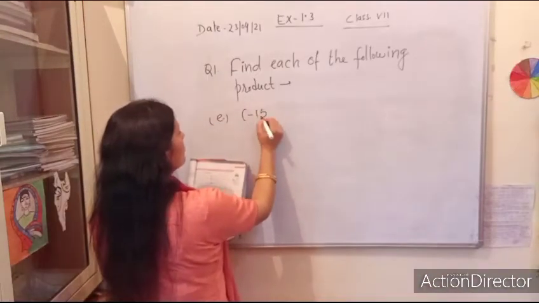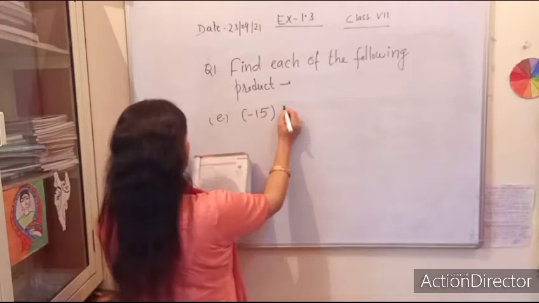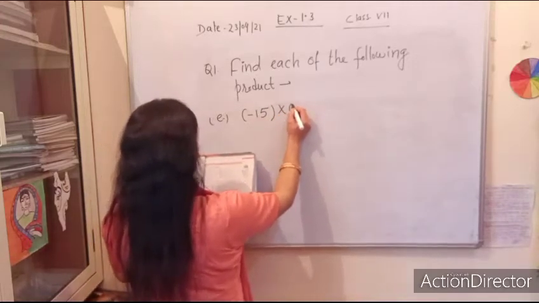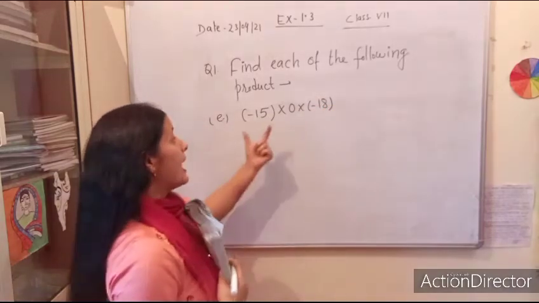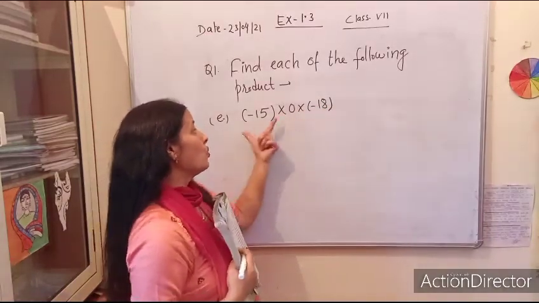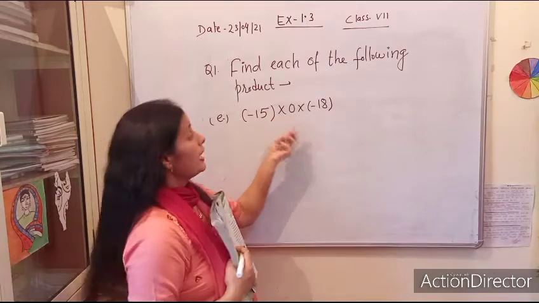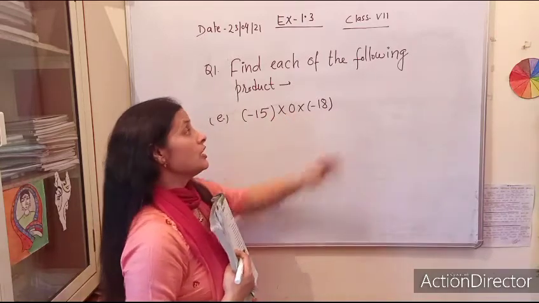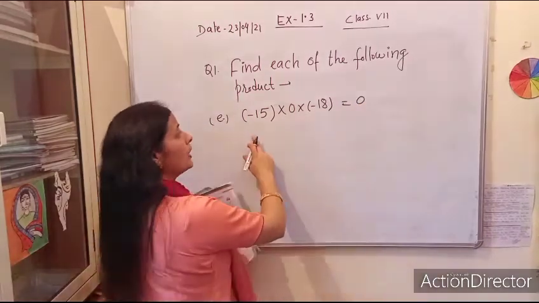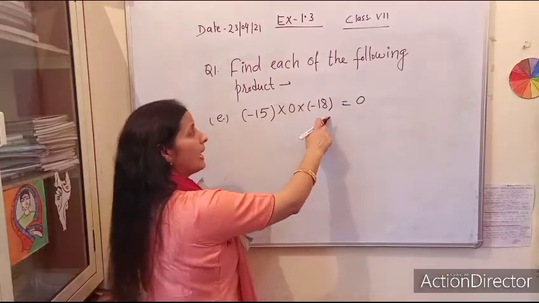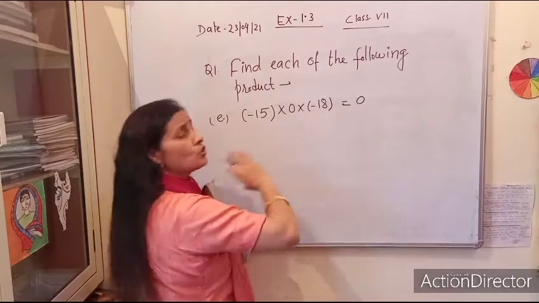Now the E part of question number 1: minus 15 multiplied by 0 into minus 18. There is no need to multiply the two numbers because here is 0. If there is 0 in a multiplication, the answer is always 0. There is no need to multiply 15 with 18 or worry about the minus becoming plus.